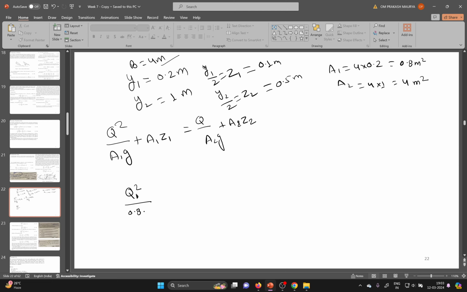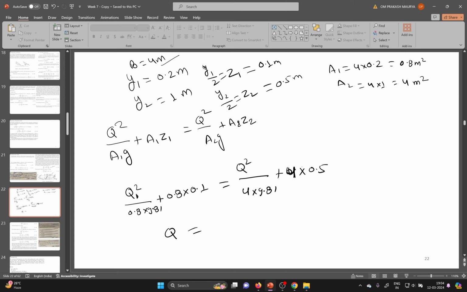So Q square by 0.8 into 9.81 plus 0.8 into 0.1 is equal to Q square by 4 into 9.81 plus 4 into 0.5 as your Z2. So if you solve these, you will get how much?